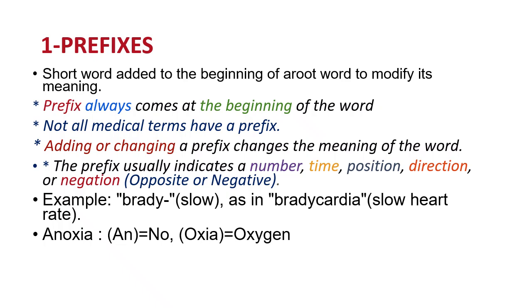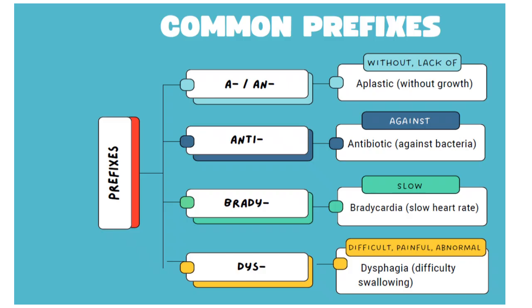Oxia means oxygen, anoxia means no oxygen. Common prefix: a or an means without or lack of, like aplastic anemia, anemia that has all the cells decreased in number or no growth. Aplastic means no growth.